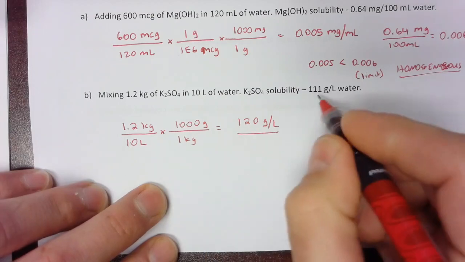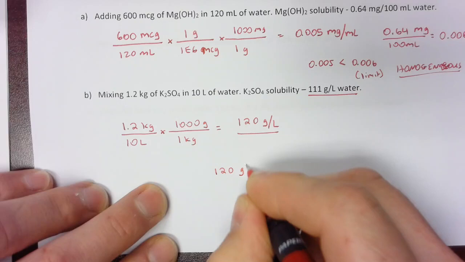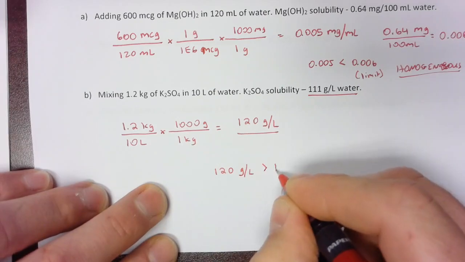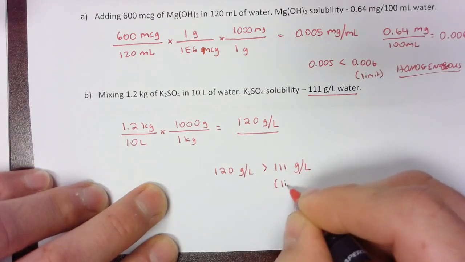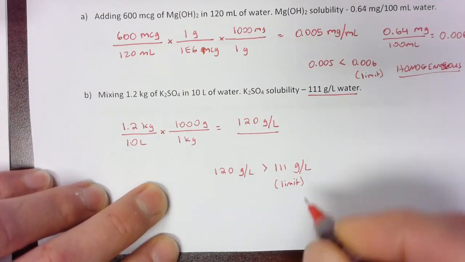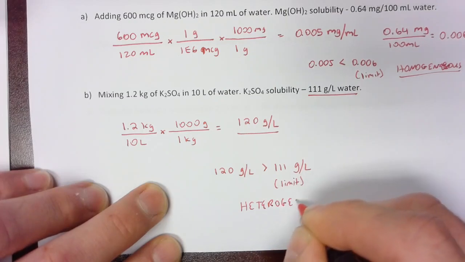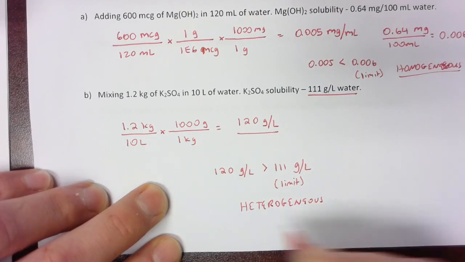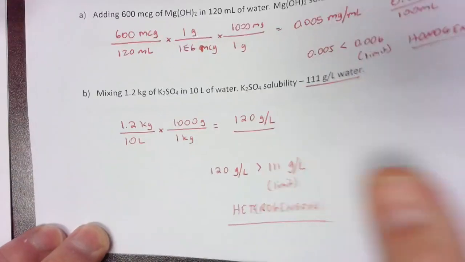Now notice how this number is greater than this number. So what we're trying to do exceeds the solubility limit. Therefore, some of it will be left in the bottom and will not dissolve, leaving a heterogeneous mixture. All right.